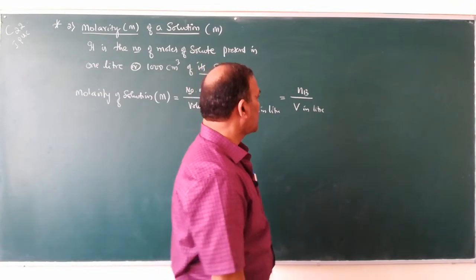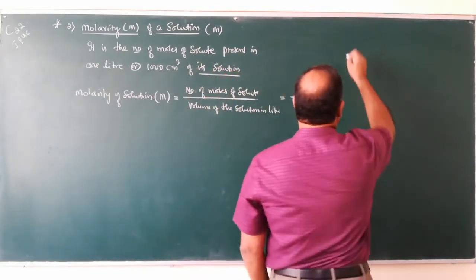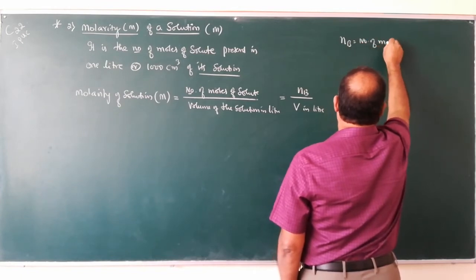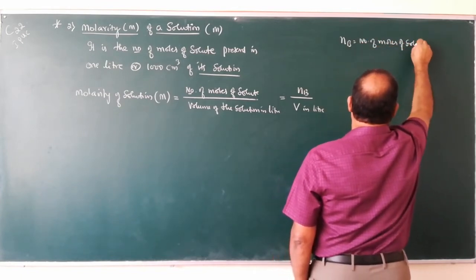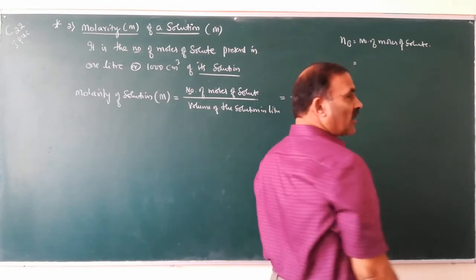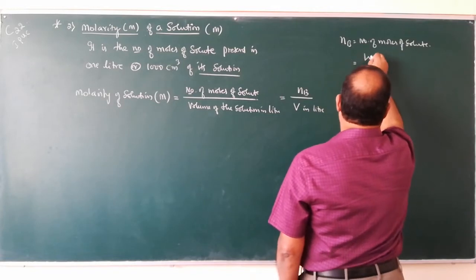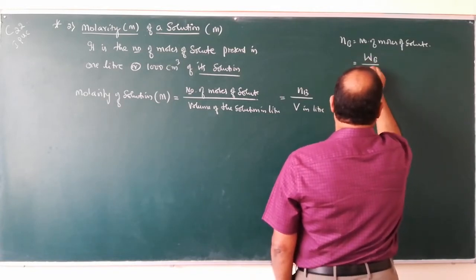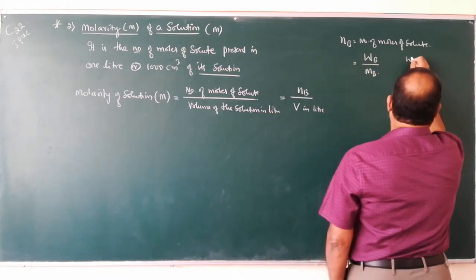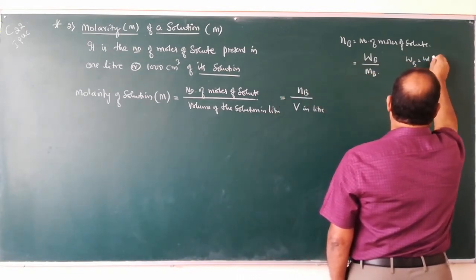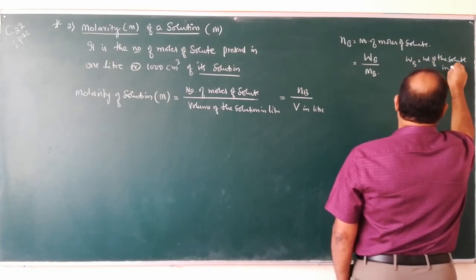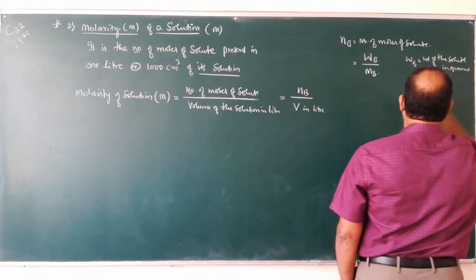Here, what is NB? NB equals number of moles of solute. How to determine the number of moles of solute? Number of moles of solute equals WB over MB, where WB equals weight of the solute in grams.